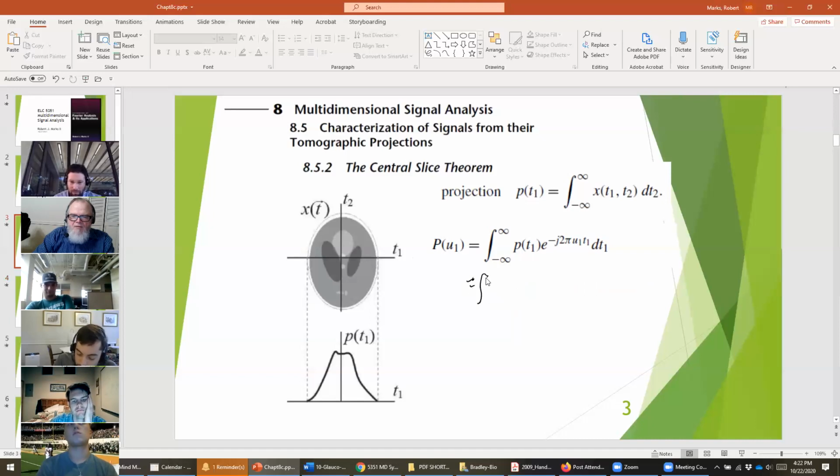This is the integral of p of t, which is the integral of x of t1, t2 dt2.